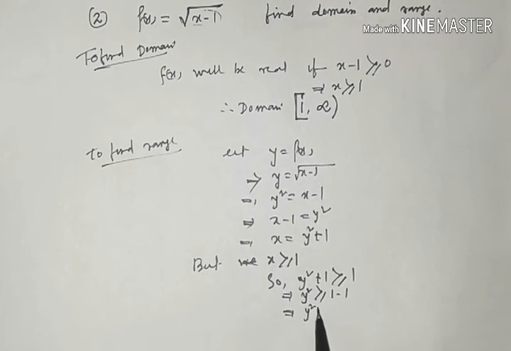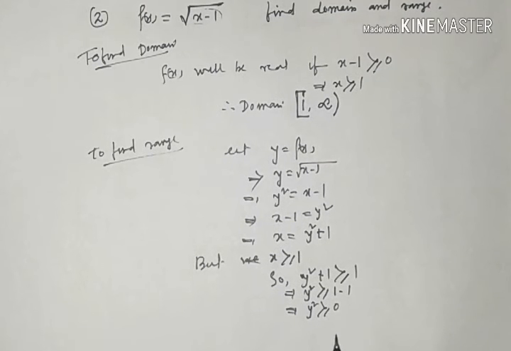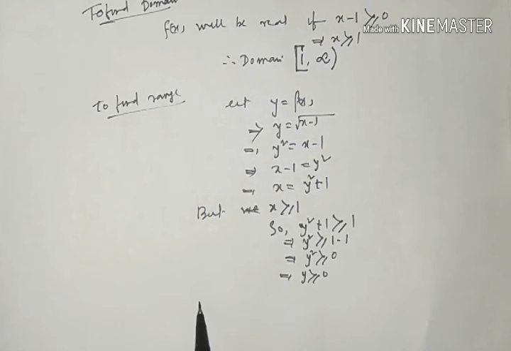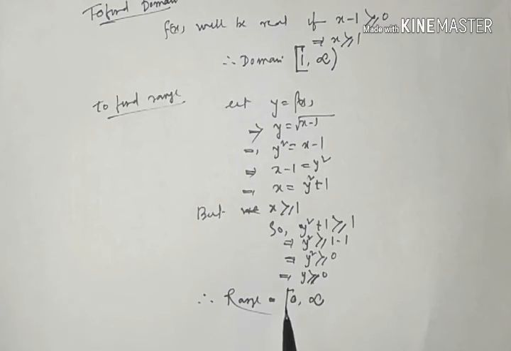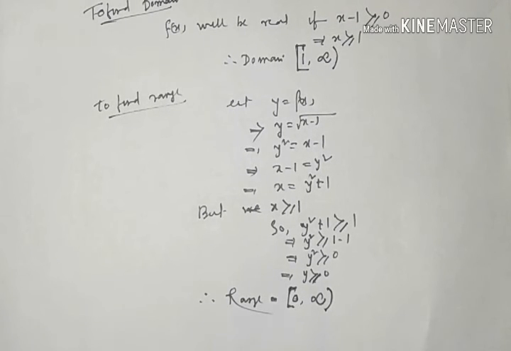This implies y² is greater than or equal to 1 - 1, so y² is greater than or equal to 0. This implies y is greater than or equal to 0. So the range is 0 to infinity. 0 is included, therefore it is closed here and open at infinity. This is all about problem number 2.